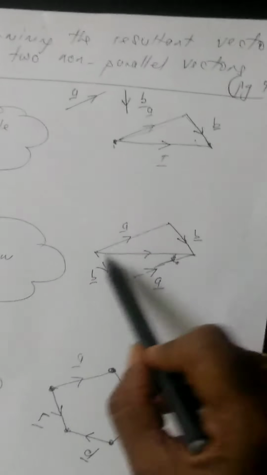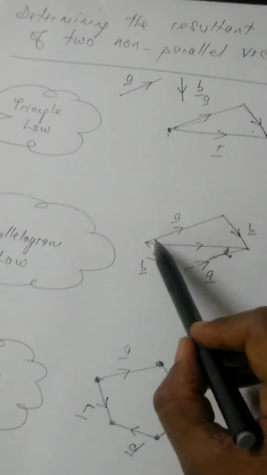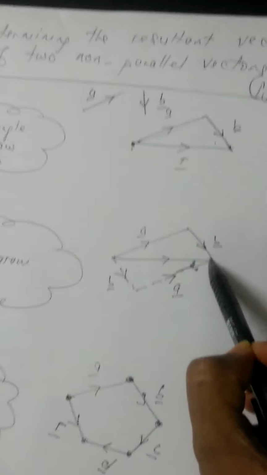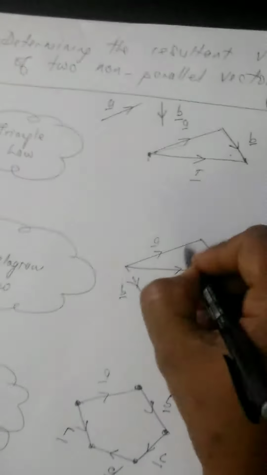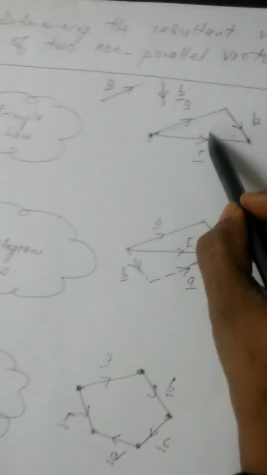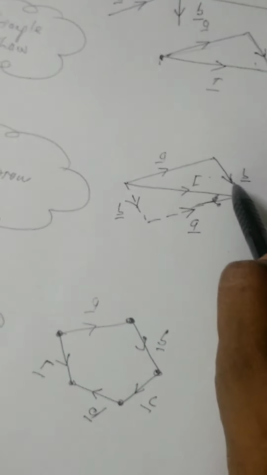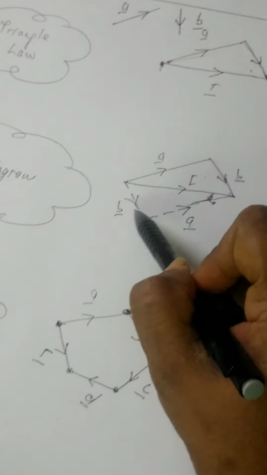The second one is the parallelogram law. Same thing, let's use back the first example, A and B. This would be my resultant vector, just like up here. But another option is I move my B to this side.